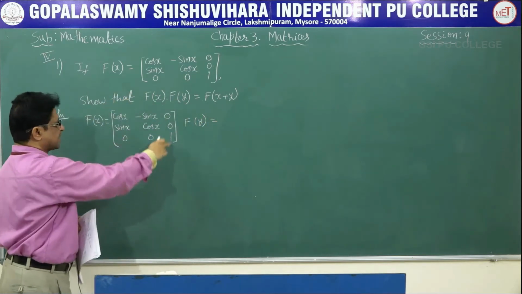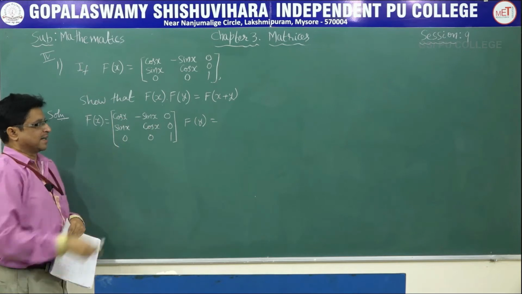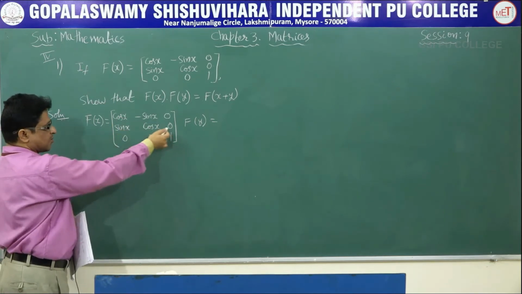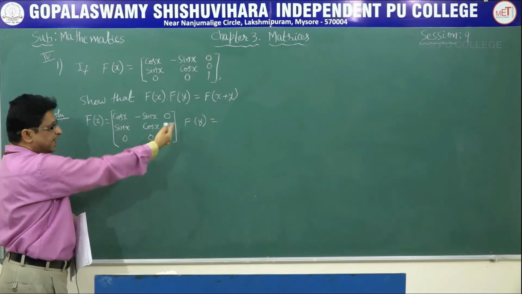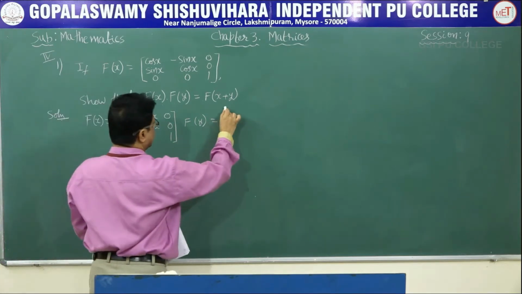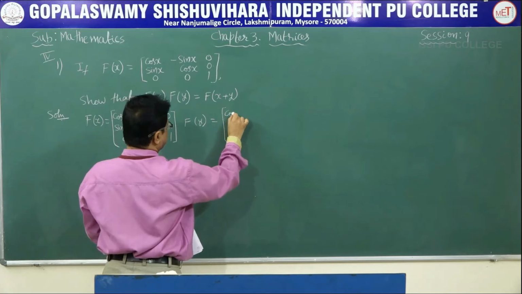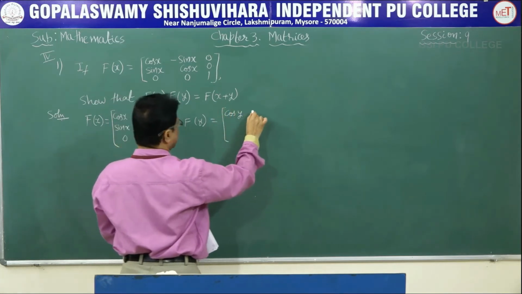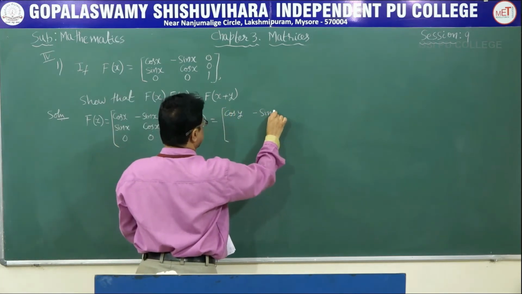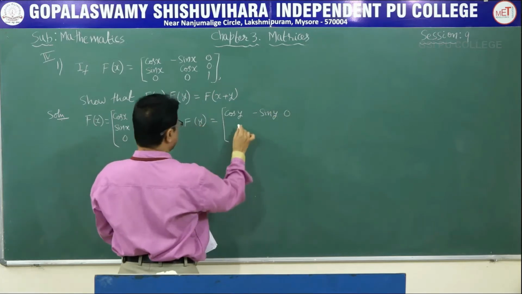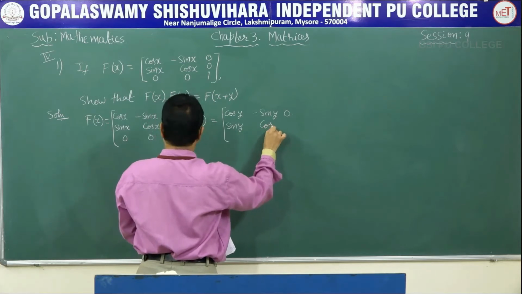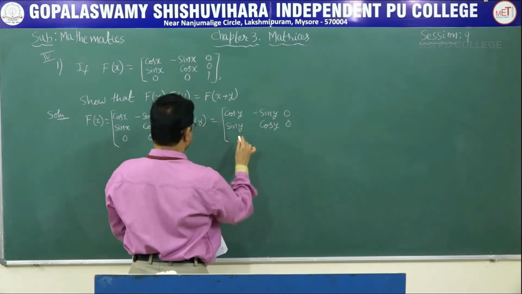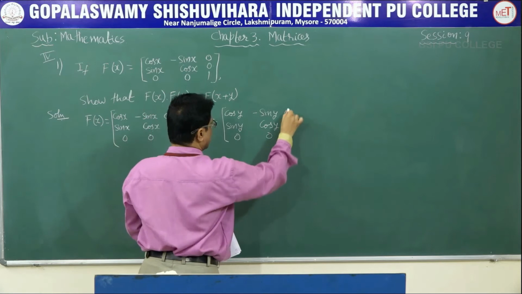F of y means we replace x by y. So f of y will be equal to cos y minus sin y 0, sin y cos y 0, 0, 0, 1.